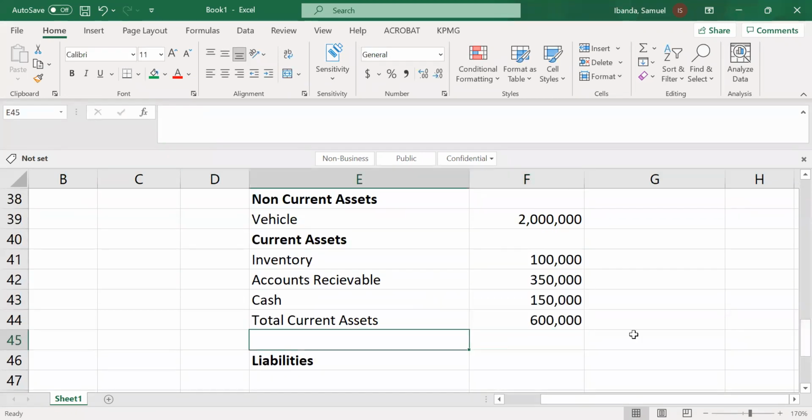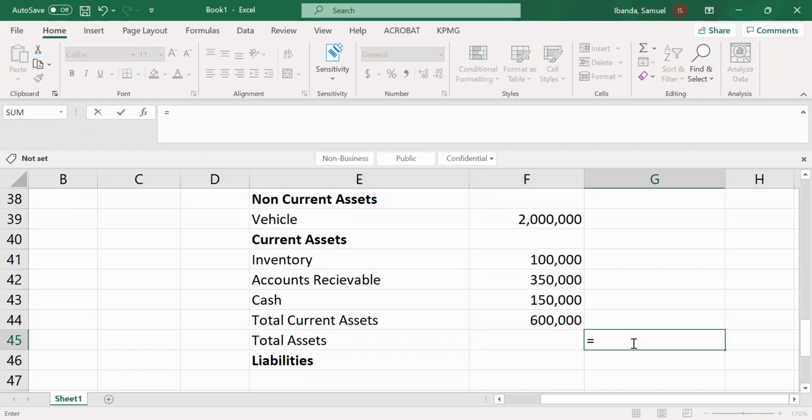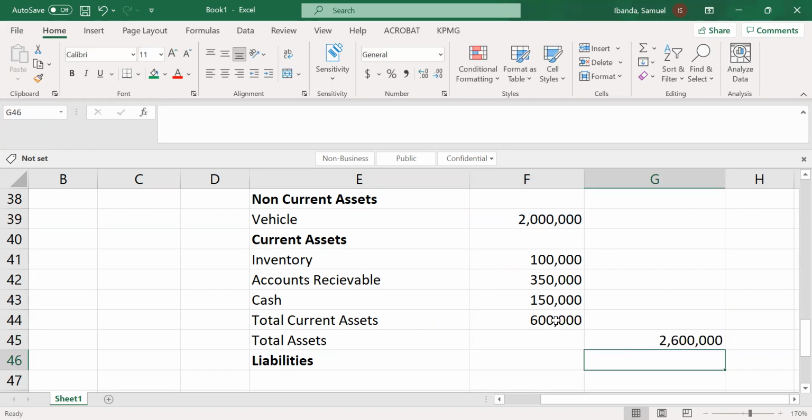So our total assets, the non-current and current together, give us this plus this, which is the 2.6 million right there.